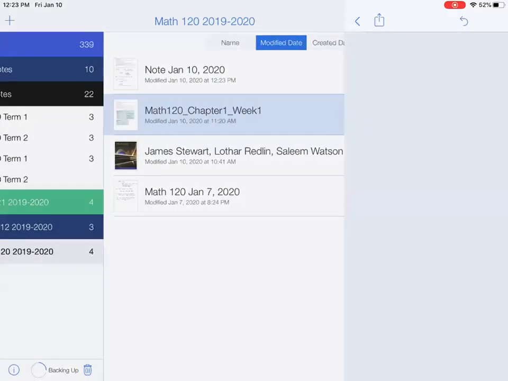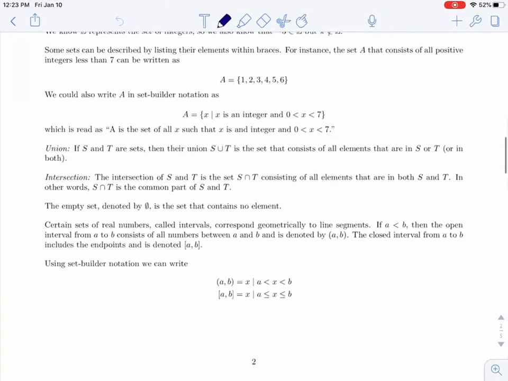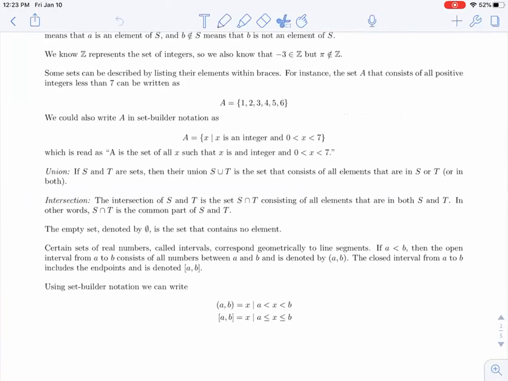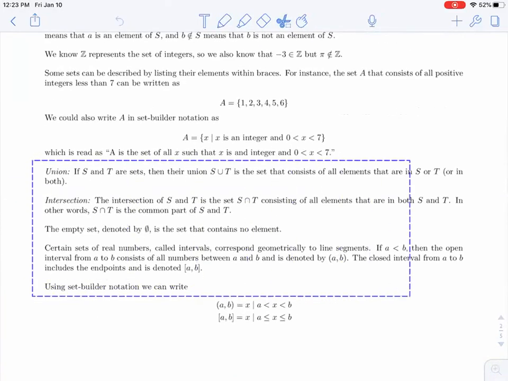So from sets, we can do things like the union and the intersection of two sets.